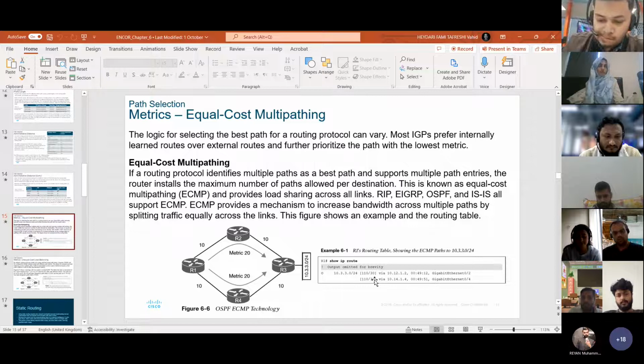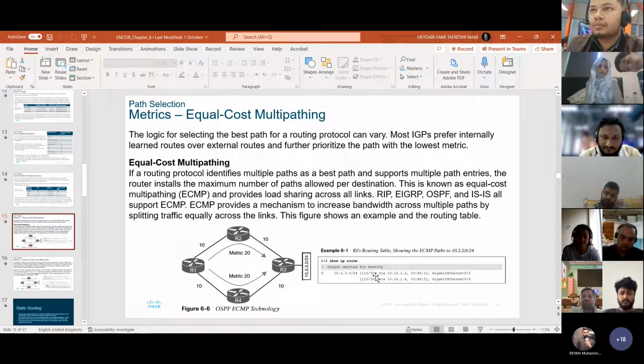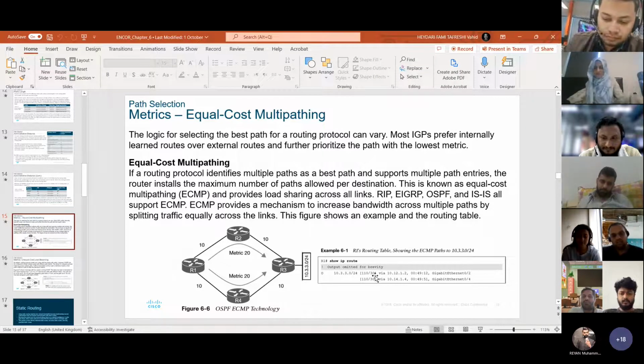It should be number 20. So the metric from R1 to get to R3 for this network is 20. This is a typo here, so disregard this and consider 20. Inside the bracket, the first number is AD, the second number is the metric, and the metric here is 20. Again, we have 110, and again, the metric here is 20.